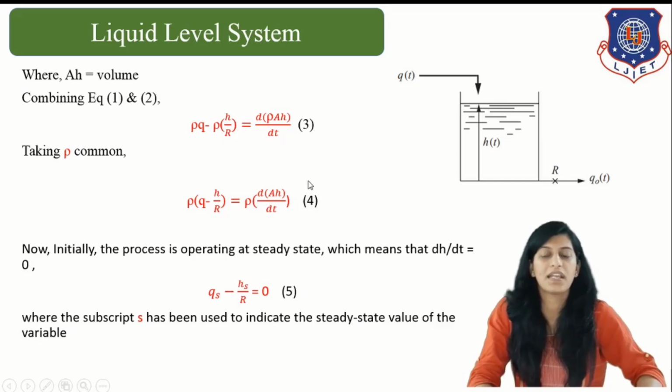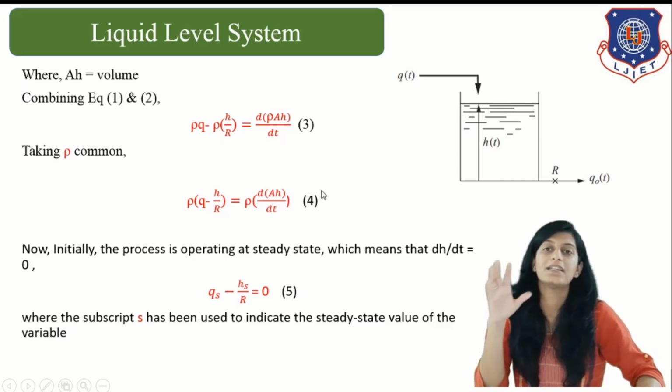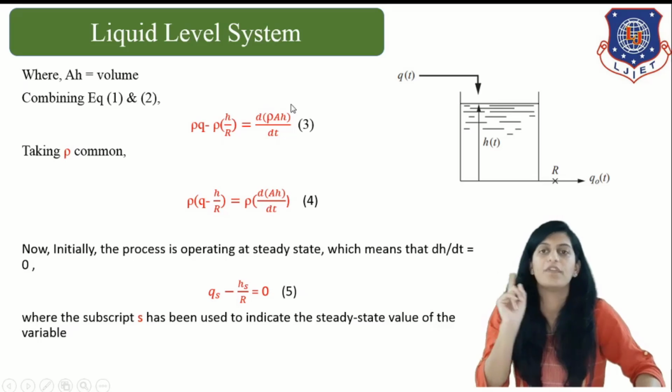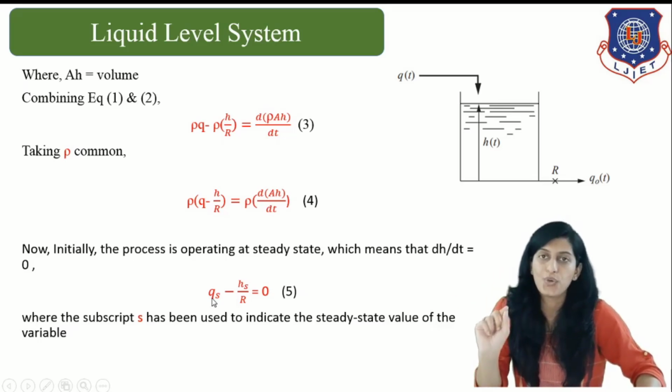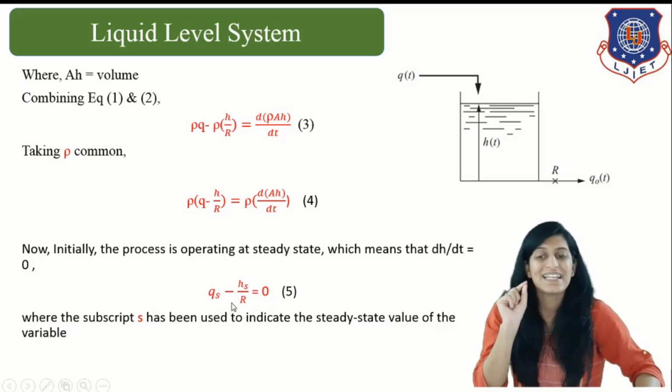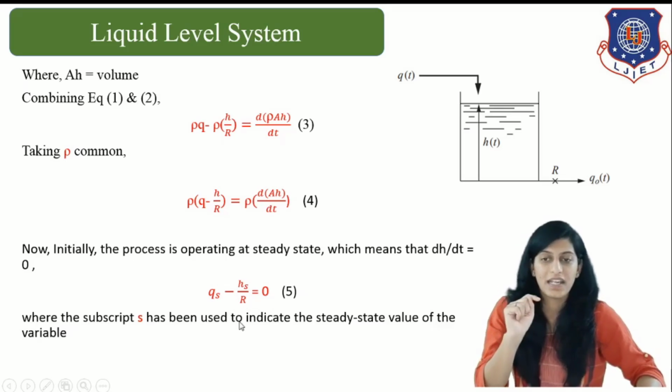Now we will simply use the initial condition. Initially, we consider the steady state condition. At steady state, we know that there is no change in any parameters or variables. That's why the d by dt term will be 0. So it can be written as qs minus hs by R equals 0, where s indicates the steady state condition.